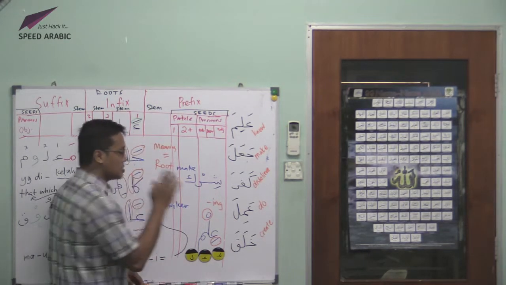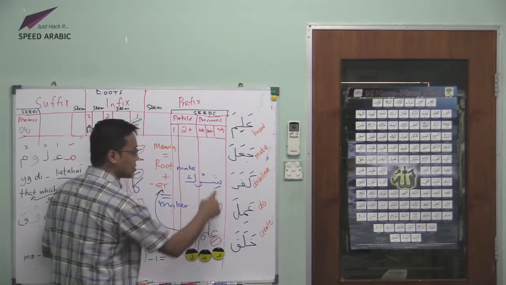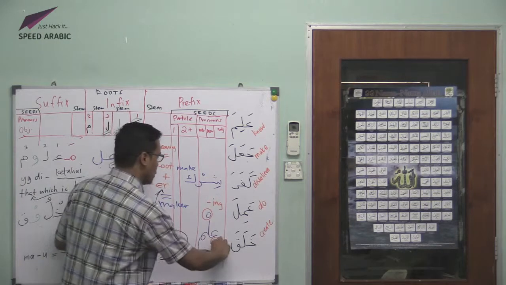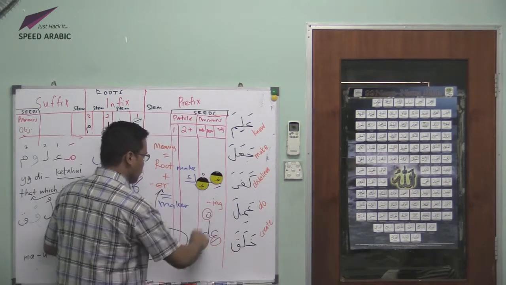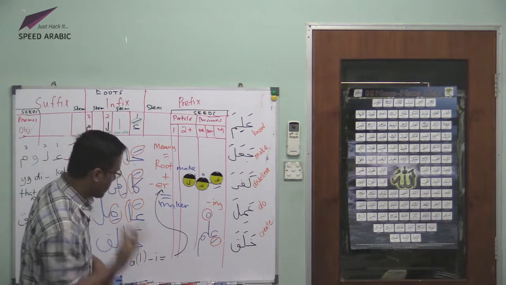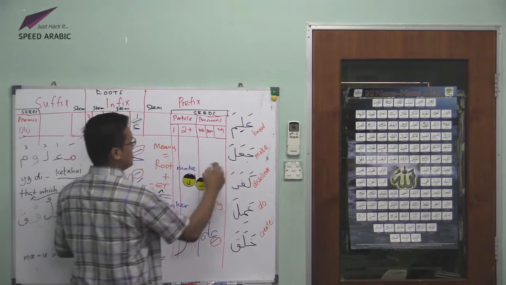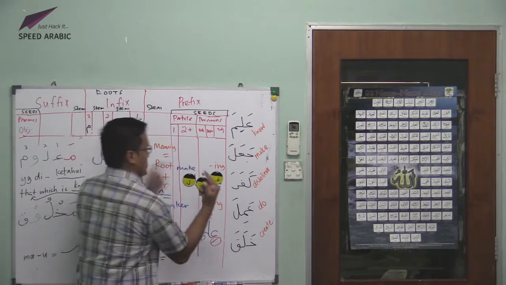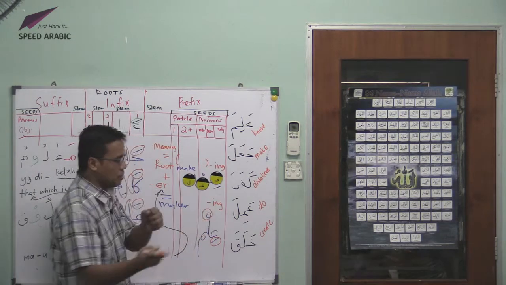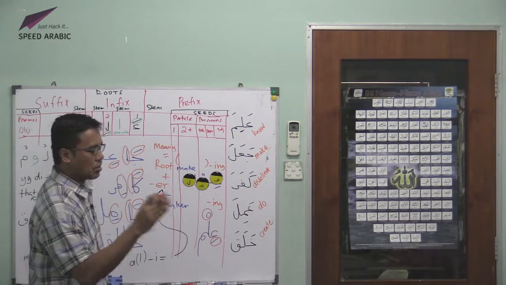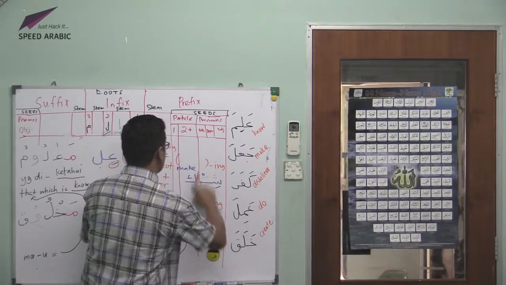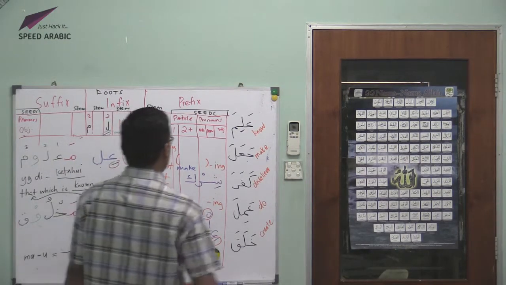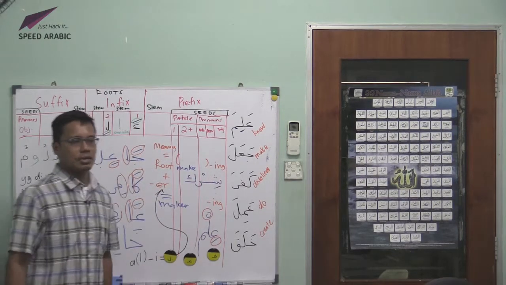Okay. You can say the form is fi'l. You can also say that the form is the first root has a kasra and the second root has a sukun. Whatever way suits you. So when the form is fi'l, it means there is ing. So when there is ing, this form you will just come up with the root. So you will find the root of sharaka. The root of sharaka, you go to the dictionary. Okay, go to the dictionary now, since you have one. Find the meaning of sharaka.